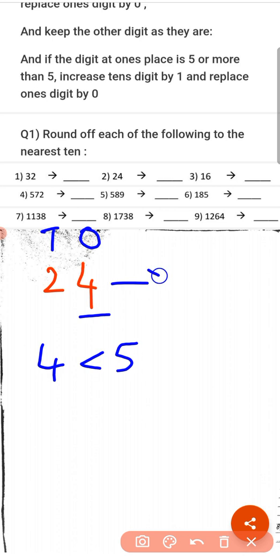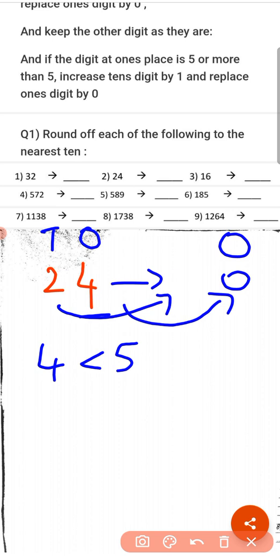So here this 4 becomes 0 and write the digit at the tens place, that is 2. So 24 becomes 20.